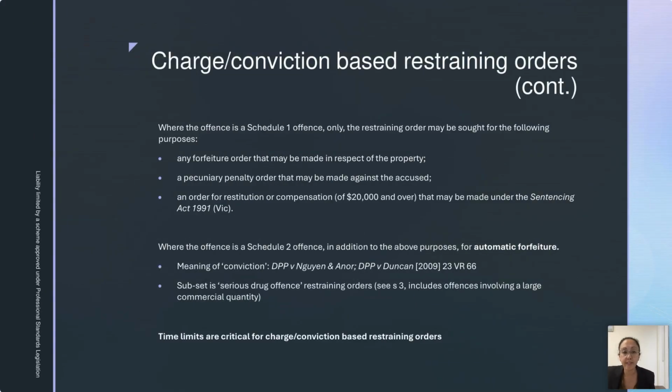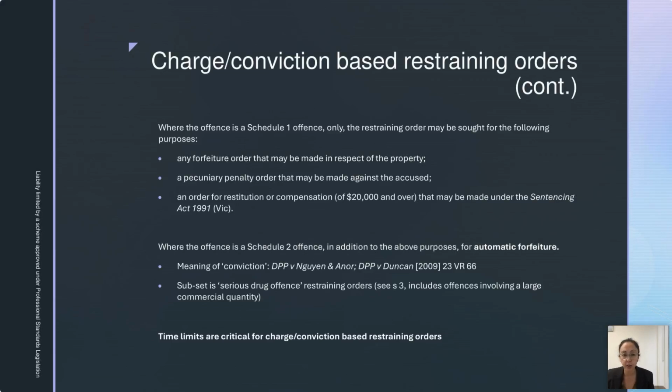Where it's a Schedule 1 offence, the restraining order can only be sought for a forfeiture order, which is a discretionary order, a pecuniary penalty order, or an order for restitution or compensation of $20,000 and over that may be made under the Sentencing Act. So it used to be $10,000 and over, it's now $20,000 and over.